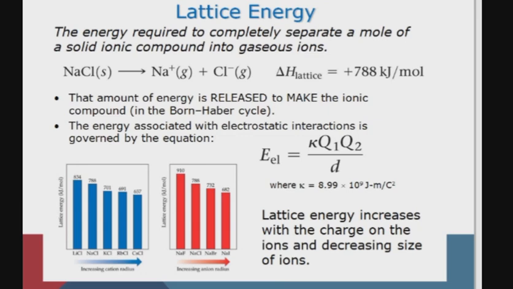The energy associated with electrostatic interactions is governed by an equation. E, big letter E, and under this is EL equals k Q1 Q2 over d, where k equals 8.99 times 10 to the 9th J·m/C².